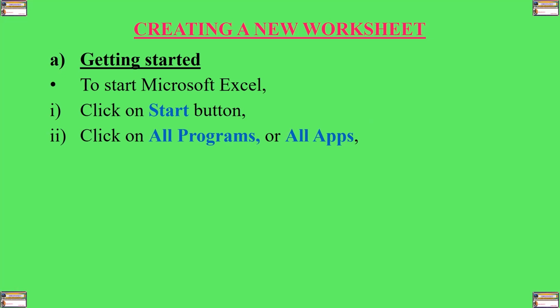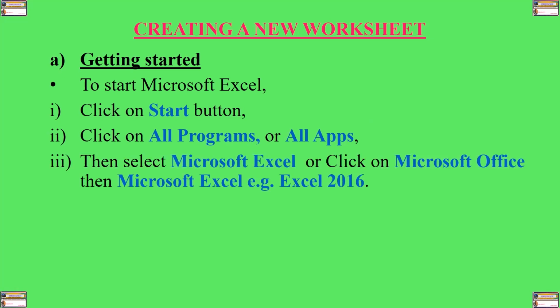For example, for Windows 11, you click on All Apps. Then select Microsoft Excel, or you click on Microsoft Office, then Microsoft Excel, for example, Excel 2016. It all depends on the operating system that you have installed and the type of start menu that you have.